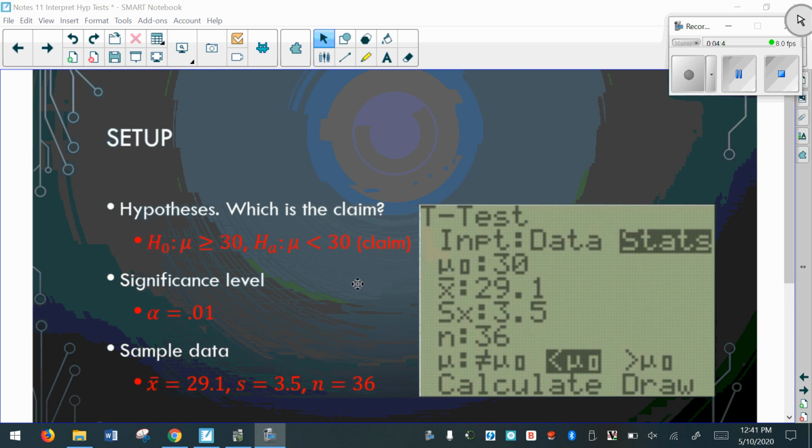So we want to use our calculator just like you did in the previous lesson. You want to go ahead and enter into the stats position. Remember, this down here needs to represent the alternate, which is why it's the less than. So just a quick review if you've forgotten how to do this in your calculator.